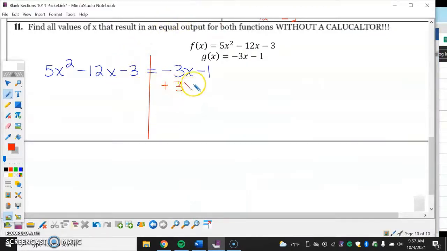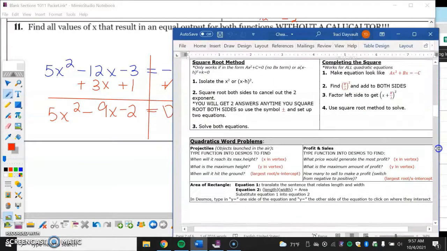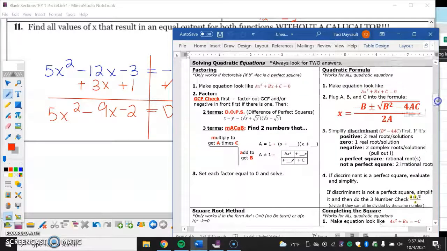I could add 3x and add 1 to both sides. Now I have 5x squared minus, this gives me 9x, and this gives me minus 2 equals 0. The first step was to get it equal to 0.